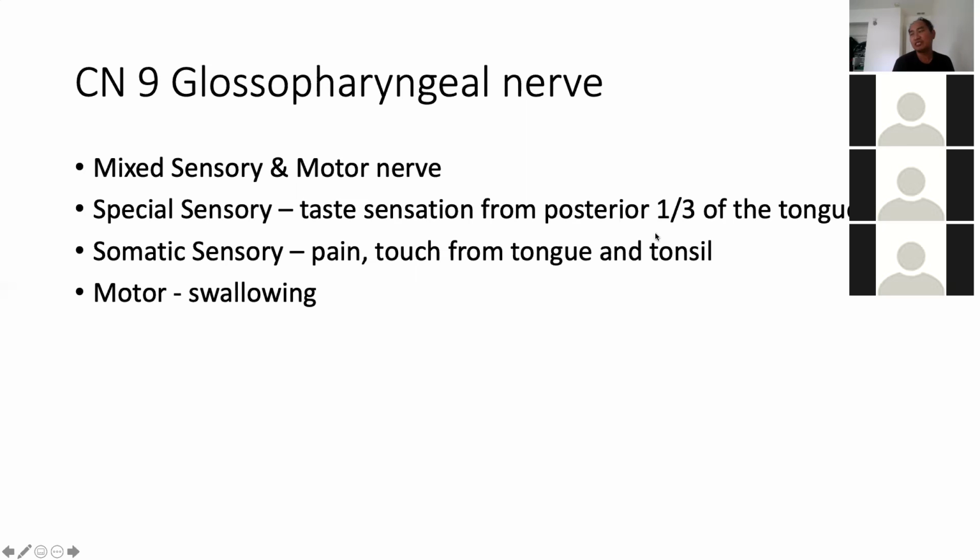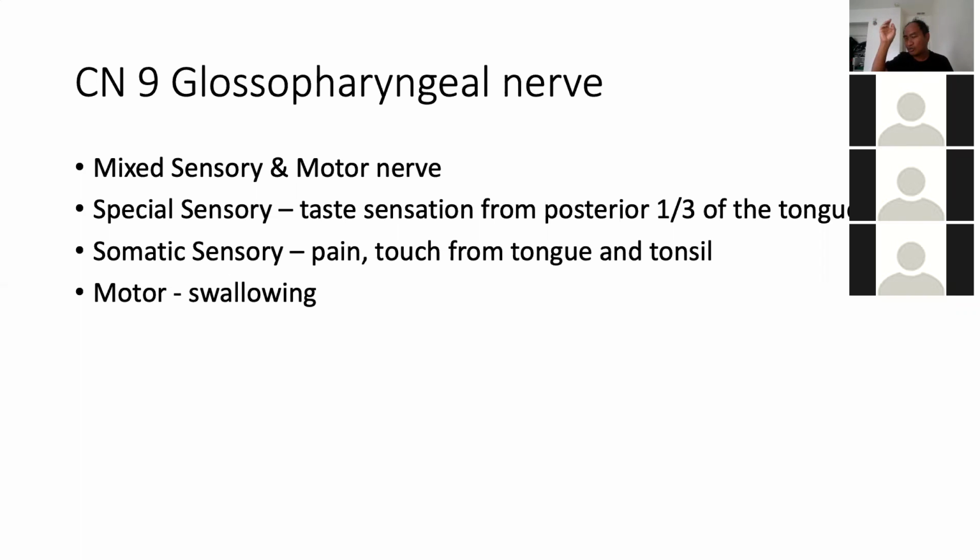Special sensation is taken from the posterior 1/3 of the tongue, taste sensation. So now if we put a small piece of sugar on the anterior 1/3 of our tongue, that taste sensation, sweetness, will be taken by the facial nerve.